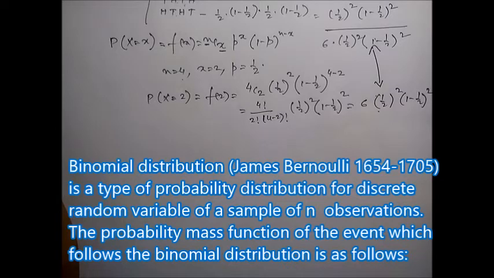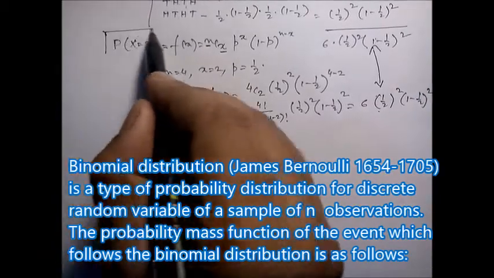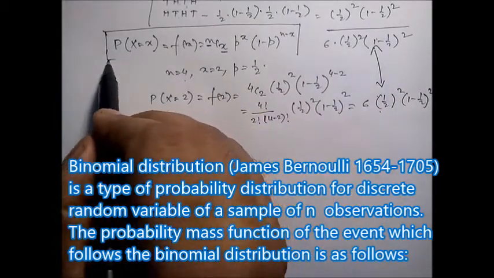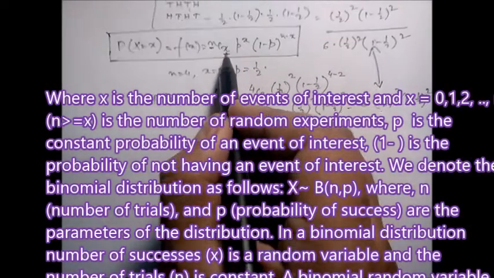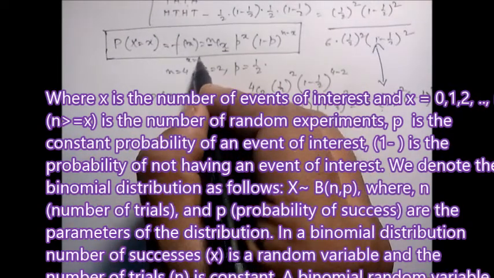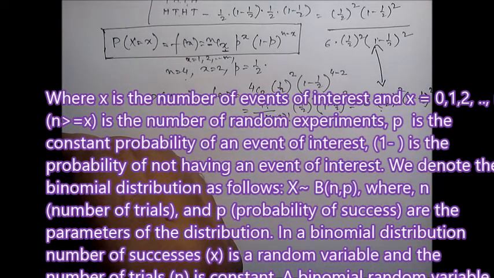The probability mass function of an event which follows the binomial distribution is as follows. Here x is the number of events of interest, where x is equal to 1 to n, and n is the number of random experiments. p is the constant probability of an event of interest, and 1 minus p is the probability of not having an event of interest.